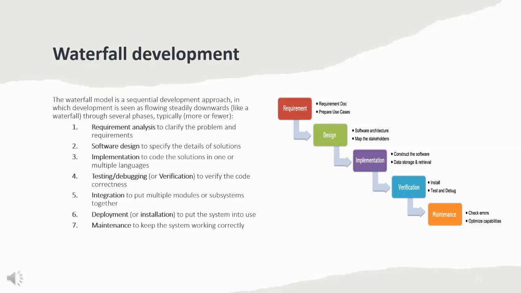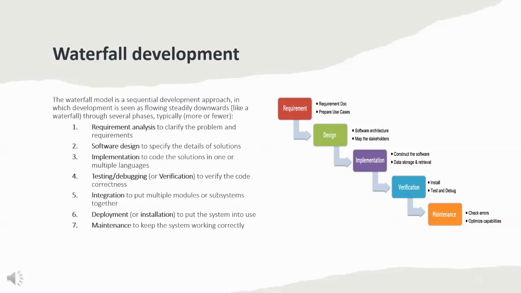In some other descriptions, there may not have integration phase or deployment phase. They probably will be combined in the verification phase or in maintenance phase. But anyway, these are the important tasks in waterfall development, and following the sequence as listed.